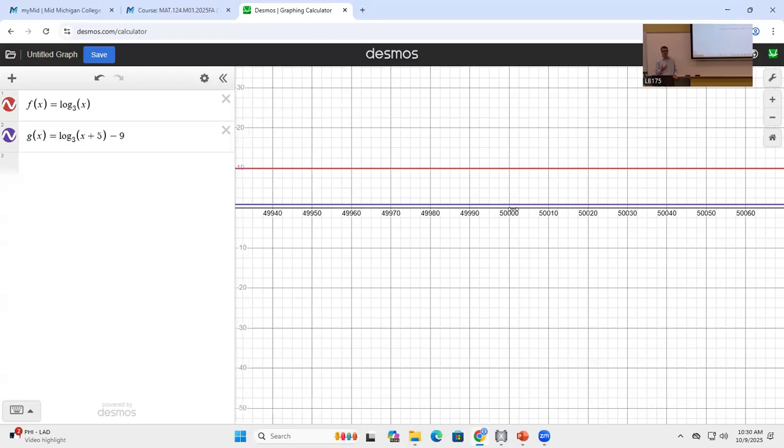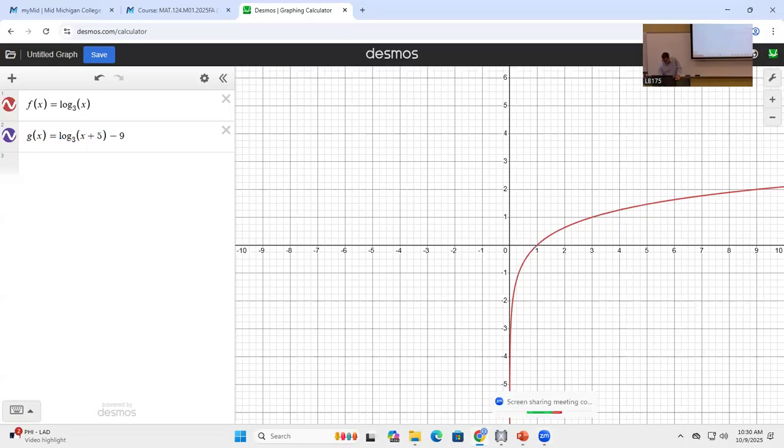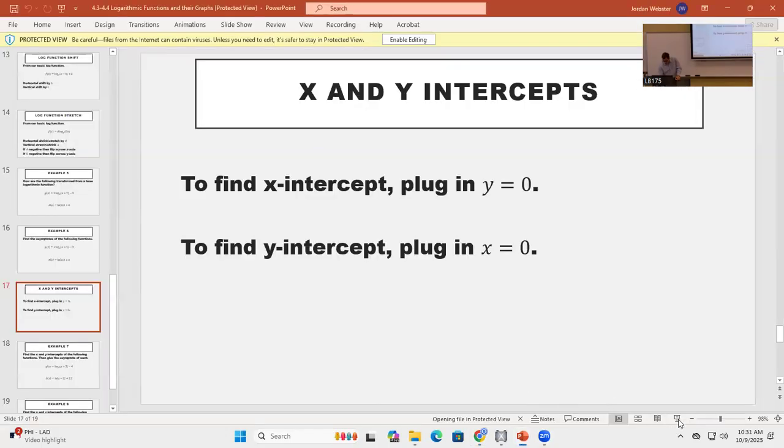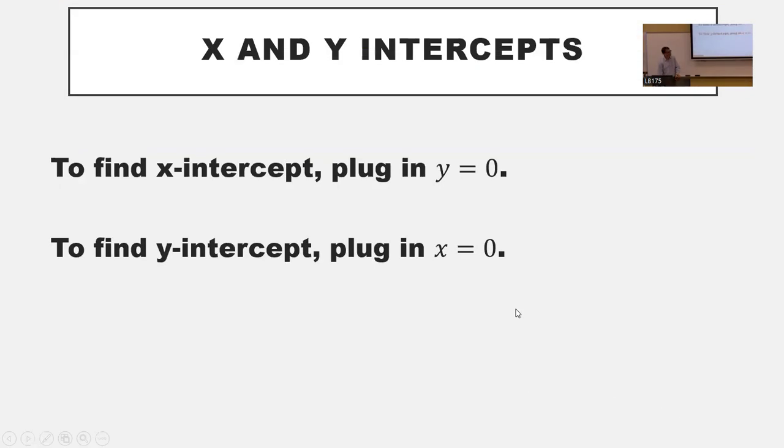So as you can see, as you move out, we still are growing all the time, but just slower and slower and slower. So eventually you will cross the x-axis no matter what.